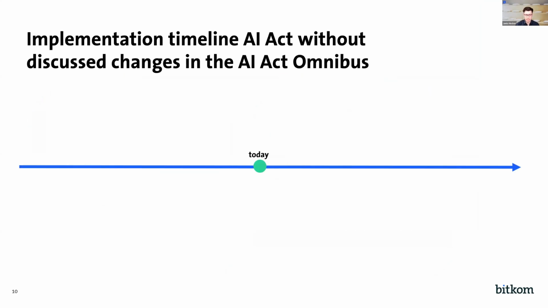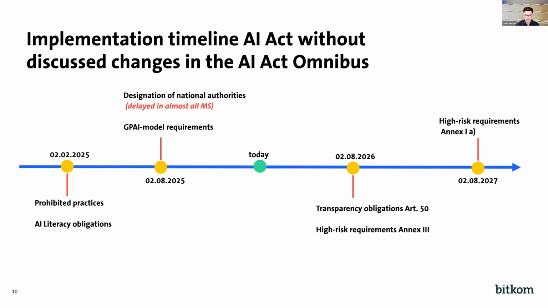Okay, with that, I want to also take a look at the timeline, to have maybe a broader overview of what the different components of the AI Act are and when they apply. So already now applicable are the prohibited practices. Several AI systems have been prohibited since February.